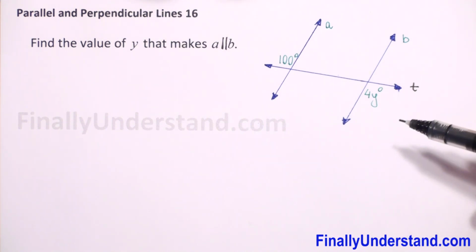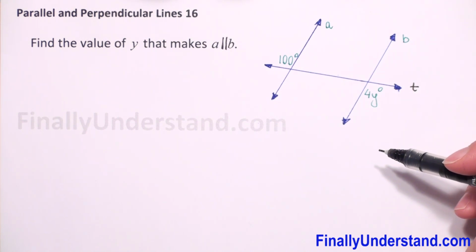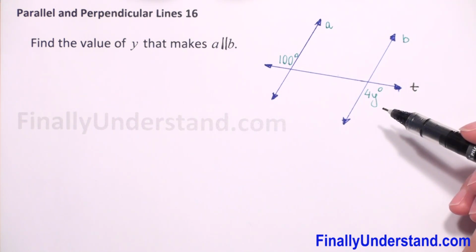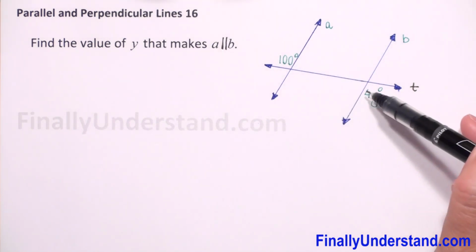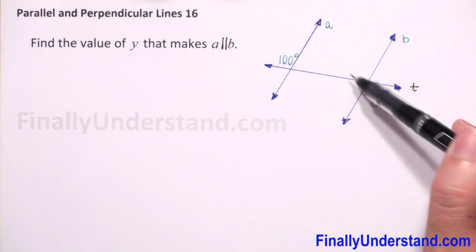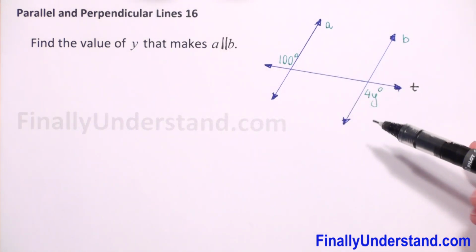So alternate exterior angles, let me remind you, they are angles which are outside of these two lines and opposite side of our transversal.